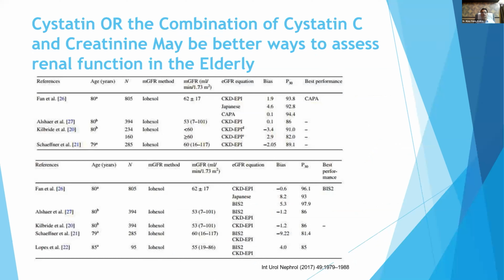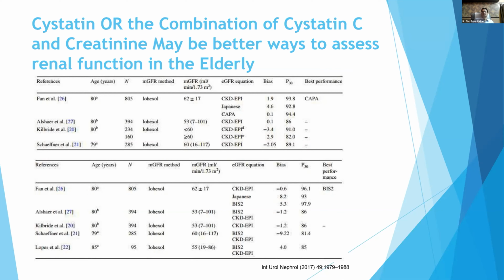What is more important, because I'm not going to deal in details, is what are the changes which have occurred, and what are the important information which we need to carry with us. If you go through these various studies which have been undertaken, particularly in elderly, there could be basically a muscle loss, there could be alteration in the creatinine level, and that may not be a great way to define CKD.